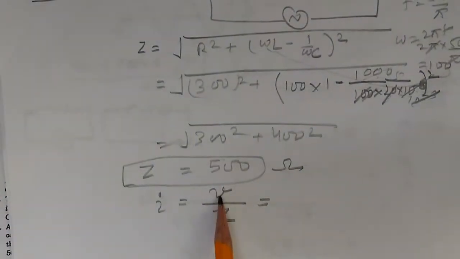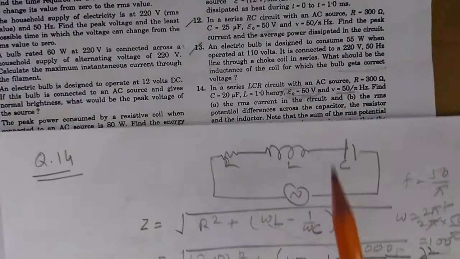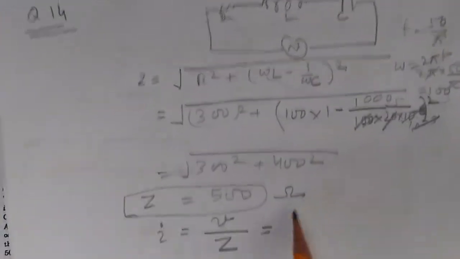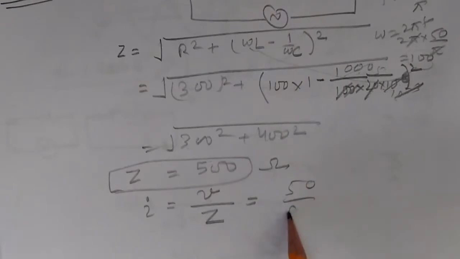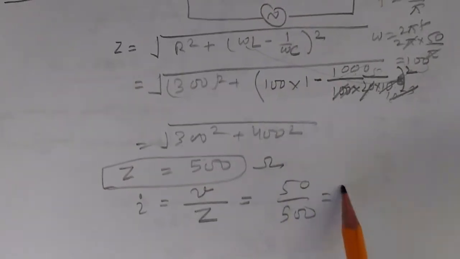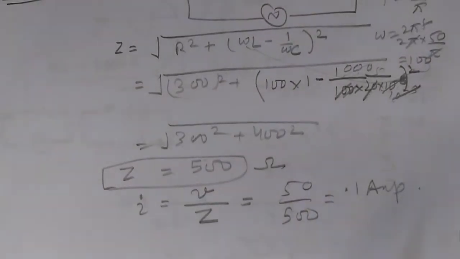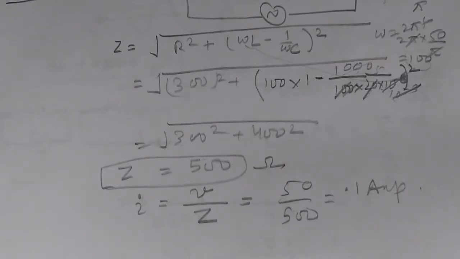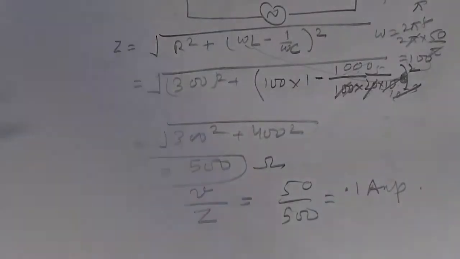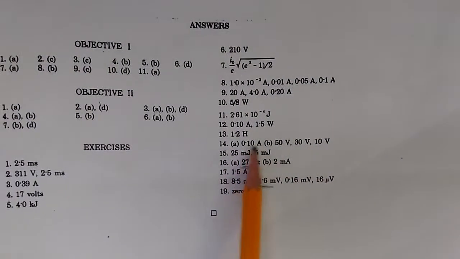Only then can you find the I RMS as V divided by Z. So if I assume this to be the RMS value, then I get 50 divided by 500, equal to 0.1 ampere. And this seems to match the answer given for question number 14, 0.1 ampere.